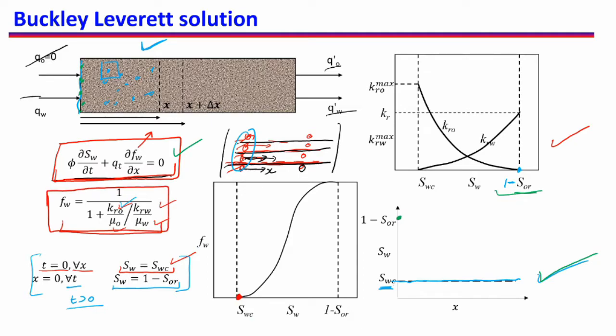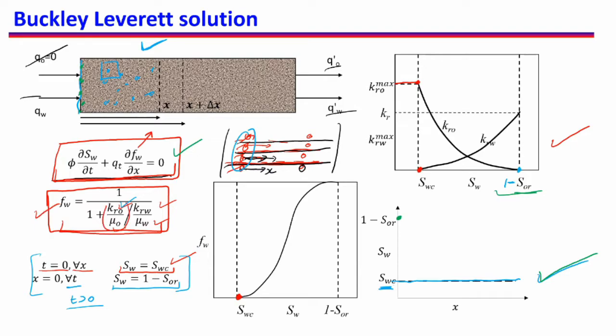At SWC the connate water saturation is there, the relative permeability of water is 0 and the relative permeability of oil is maximum. Let us consider this as KRO max. If we substitute that in this Fw, then what do we get?